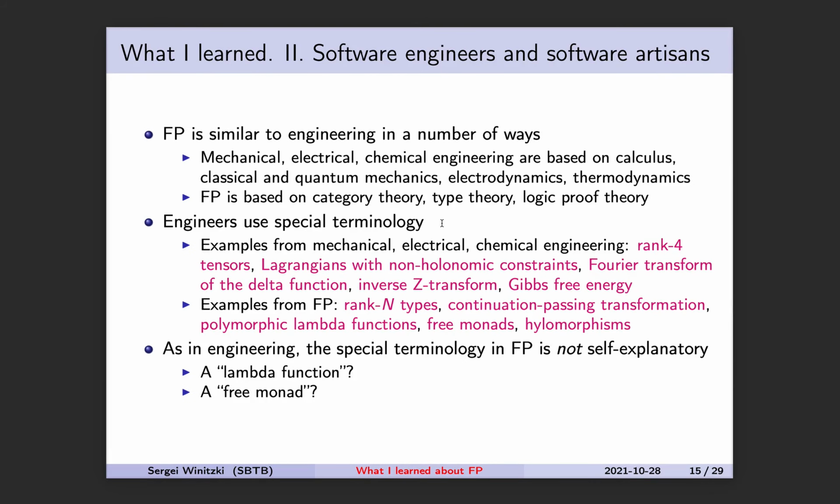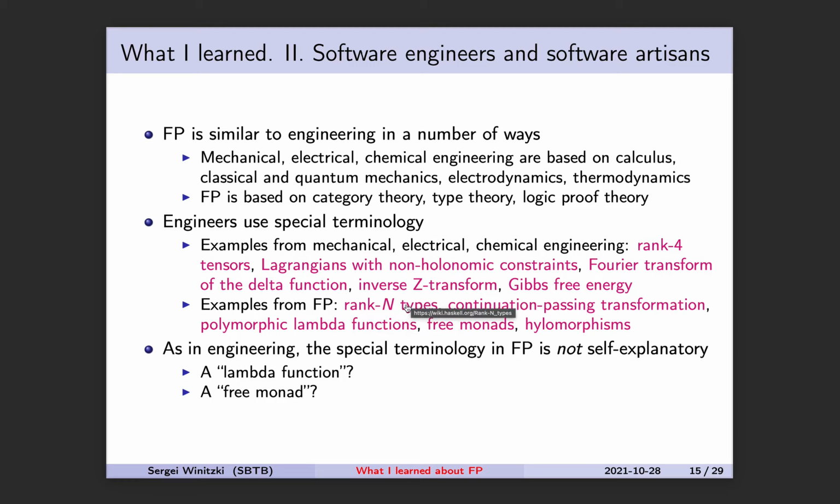Engineers also use special terminology. So all those words that we use, that's similar in engineering. So here are some examples of what engineers use, the terminology. They use rank 4 tensors. They use Lagrangians with non-holonomic constraints. They use Fourier transform of the delta function. They use inverse Z transform. And they use Gibbs free energy.